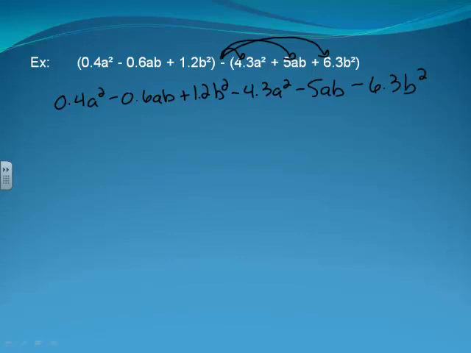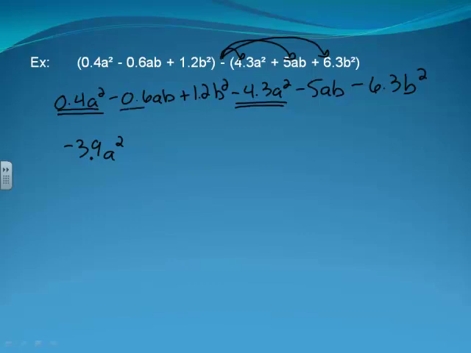Now we're going to need to combine like terms. So if we take 0.4a squared and subtract from it 4.3a squared, we're going to get negative 3.9a squared. You can do that off to the side or use your calculator.